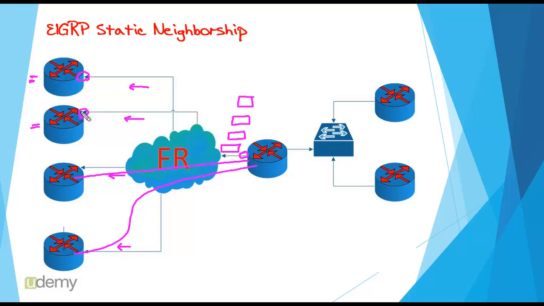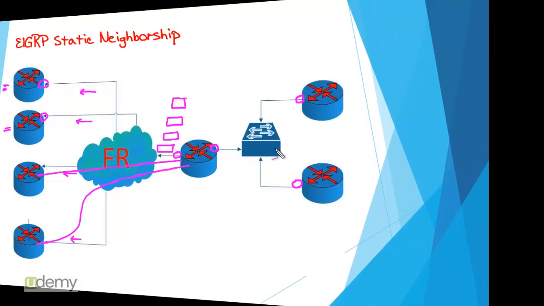So remember that if you configure a static neighborship on this interface, you have to configure it on both of these interfaces. Otherwise, the neighbor relationship between the routers will be lost and they won't be neighbors anymore.